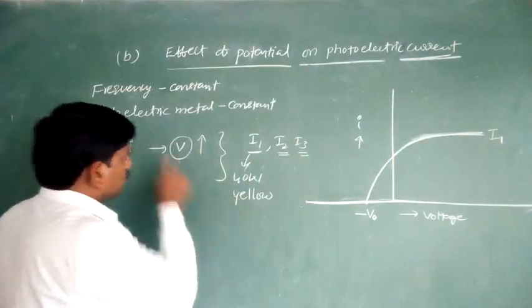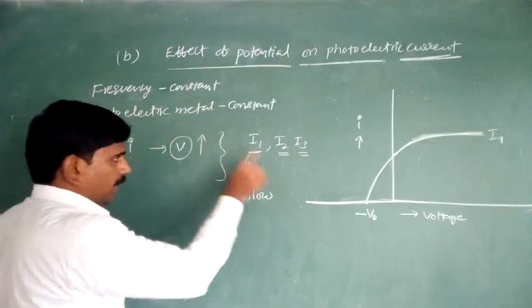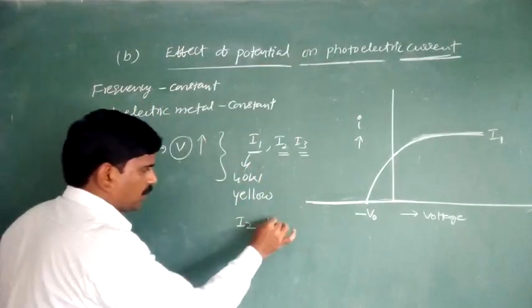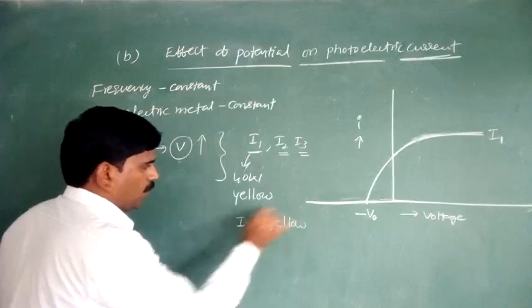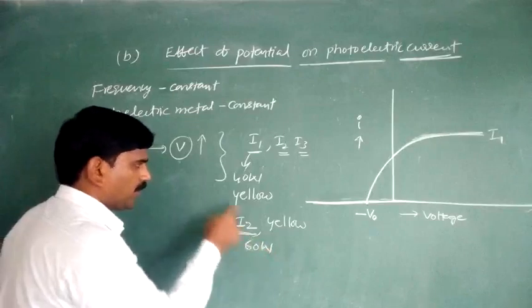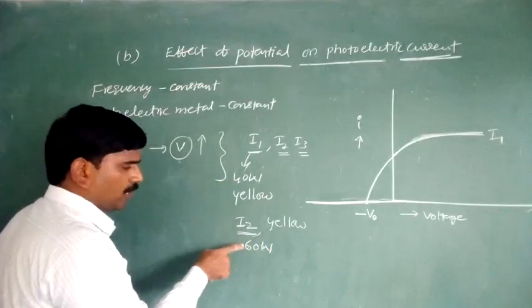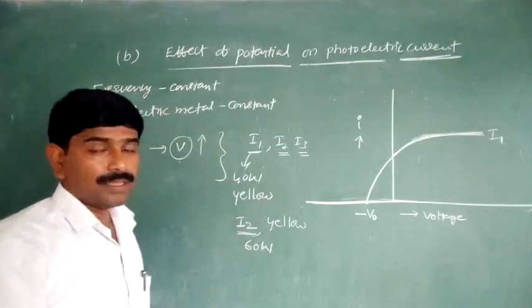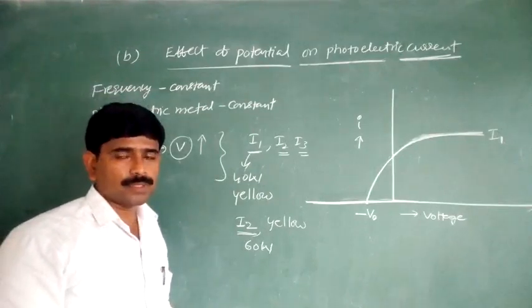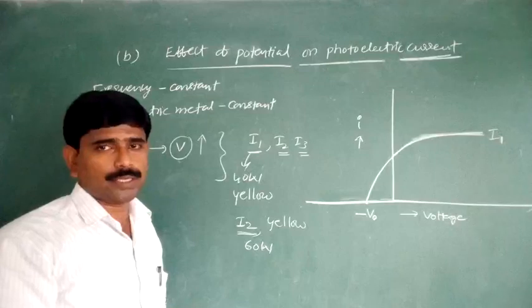Next one: same frequency, same photoelectric metal, but I2 intensity of the light, that is the yellow color. How much is this intensity? Something like 60 watts. The previous one was 40 watts, right now 60 watts. Then the photoelectric current increases, that is, the saturation current also increases.